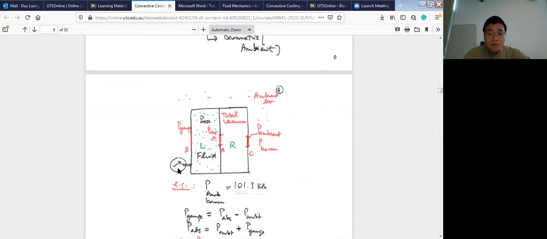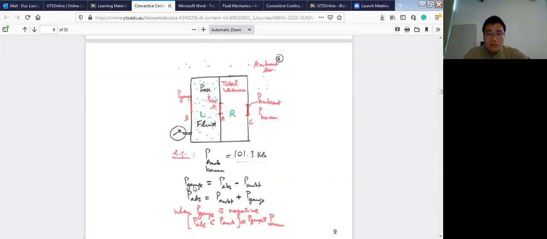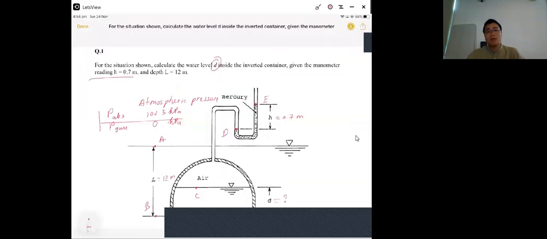Gauge pressure equals absolute inside the tank minus ambient outside. If inside and outside are both ambient, the gauge pressure of ambient is 0. The absolute pressure of ambient is 101.3 kPa at sea level.